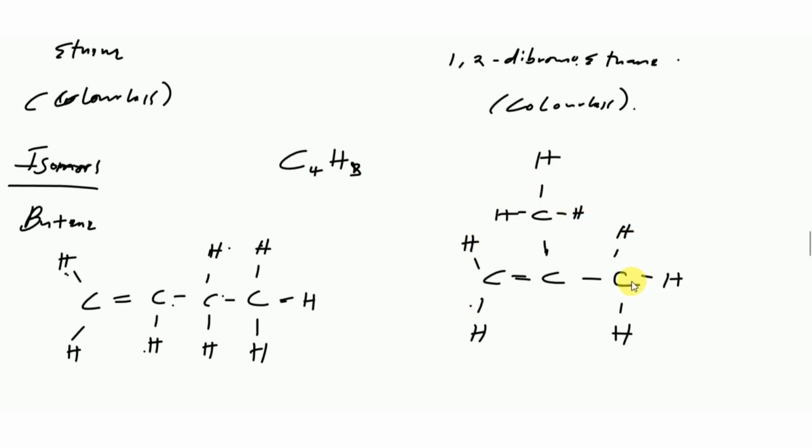And the name of this compound can be written as 2-methylpropene. So this is 2-methylpropene. So we can say that butene and 2-methylpropene are isomers of each other.